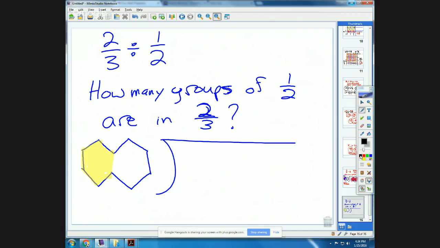All right, so next I have to draw my 2/3. And let's see, thirds makes me think of the blue rhombuses. So let's see, here is 1/3.